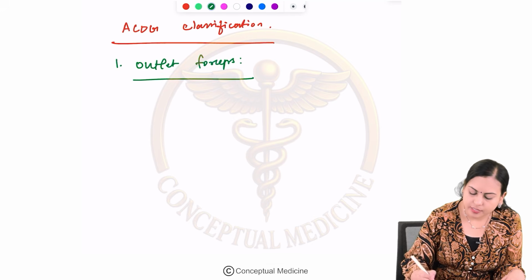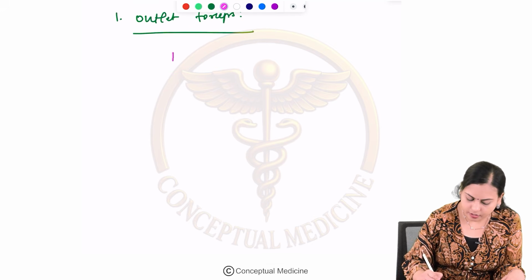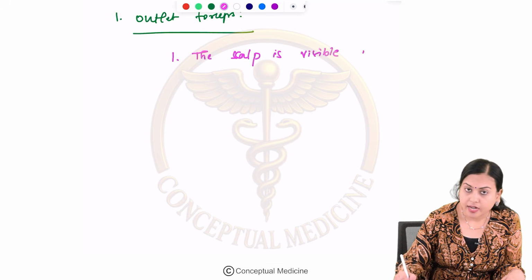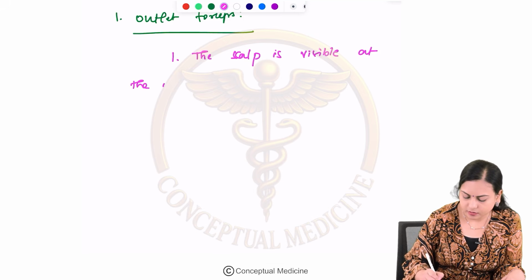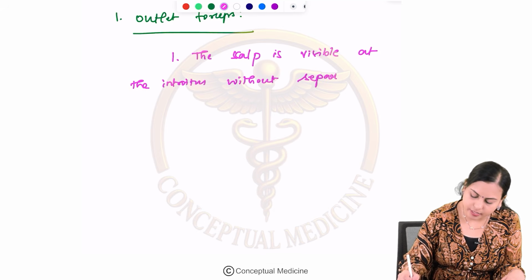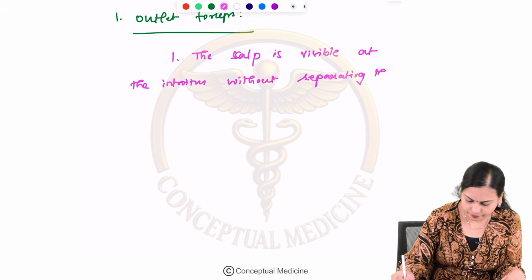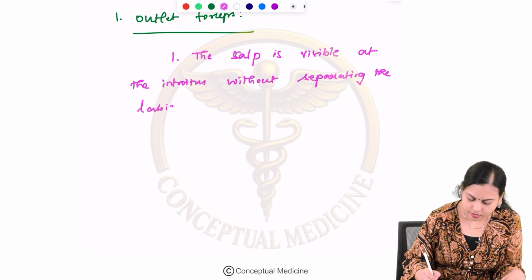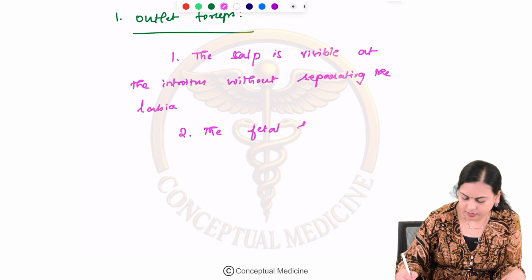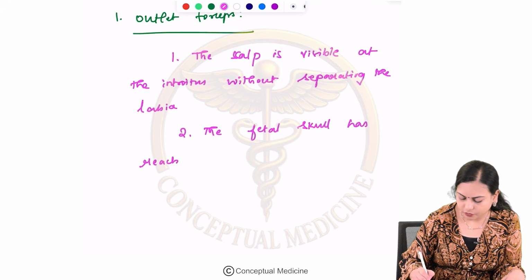Outlet forceps criteria include: the scalp is visible at the introitus without separating the labia. Okay. Without separating the labia. Number 2, the fetal skull has reached the pelvic floor.